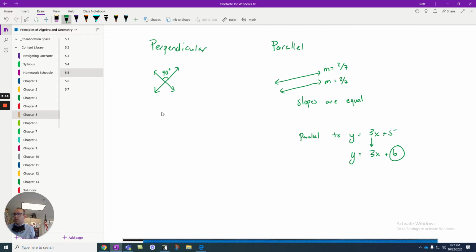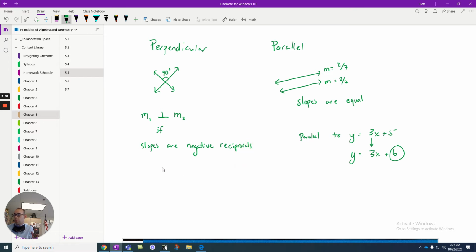And if we take a real close look at it, what we learn through some investigation is that the slope of one line is perpendicular to the slope of a second line if and only if the slopes are negative reciprocals.